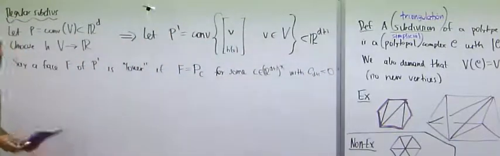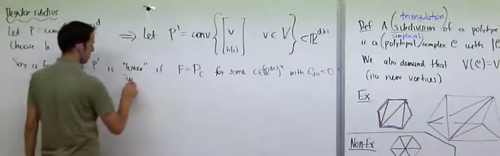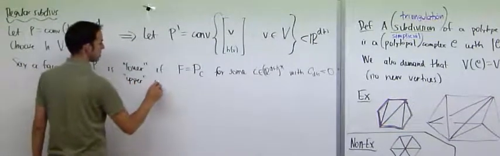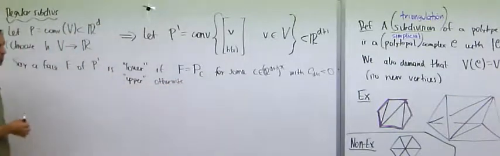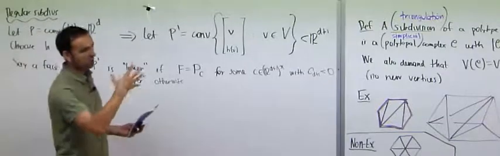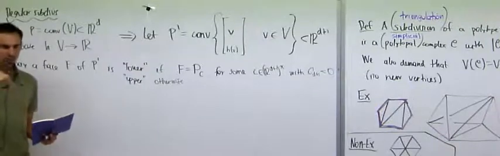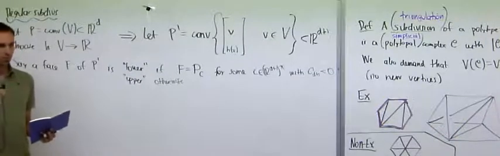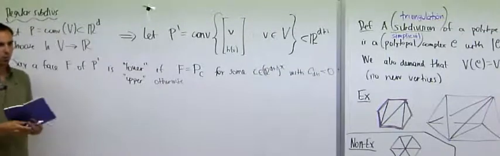And it's going to be upper otherwise. So basically, I'm considering all the faces of my polytope P prime that I can point to, but making sure that in the z-coordinate I'm pointing down. I don't care about the other directions, but in the z-coordinate I have to be pointing down. All the faces that I can describe in that way are lower faces.